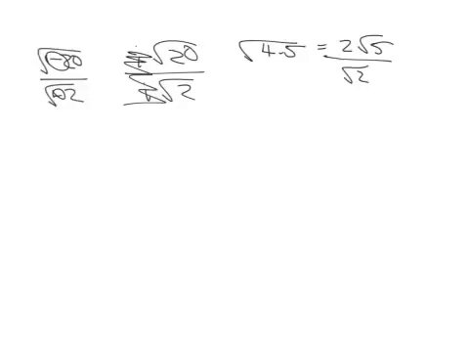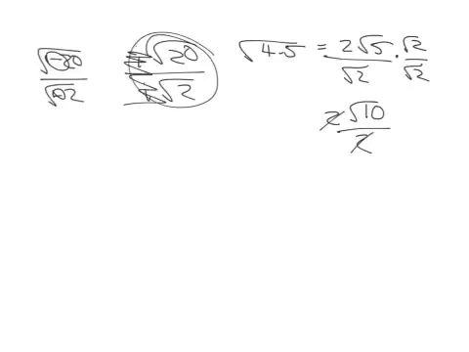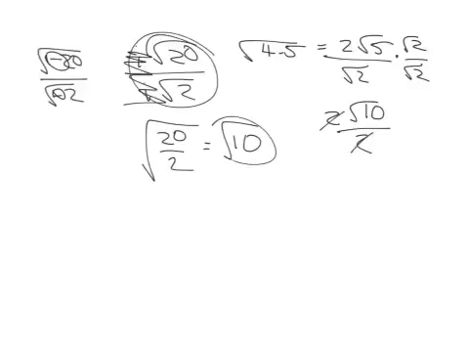But we don't like the radical in the denominator, so we get 2 square root of 10 over 2. Cancel, and we get the square root of 10. Another option, which might save you time: the square root of 20 over the square root of 2 is the same as the square root of 20 over 2, which is the square root of 10. So either way you want to get the answer works.